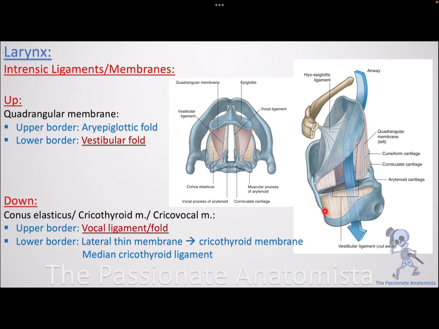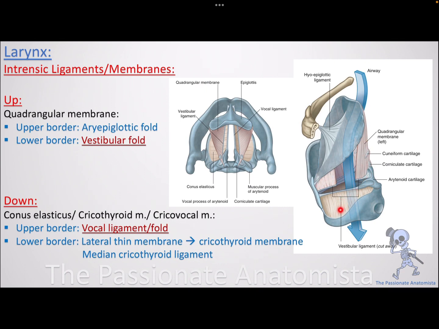Okay, so based on that, we said that we have two membranes intrinsically, one up and one down. Each one of them makes two condensations and gives us two important structures. The one at the top gives us two condensations, one up, which is the aryepiglottic fold, one down, which is the vestibular fold.